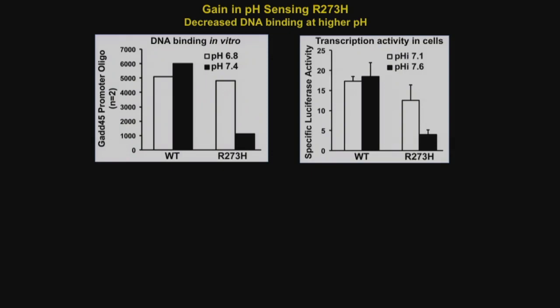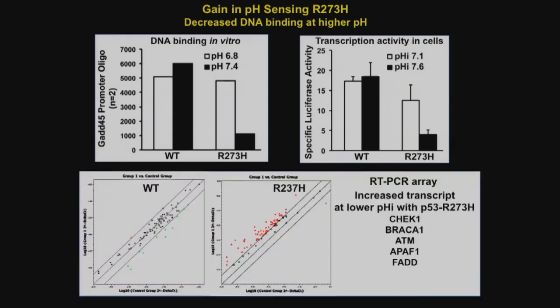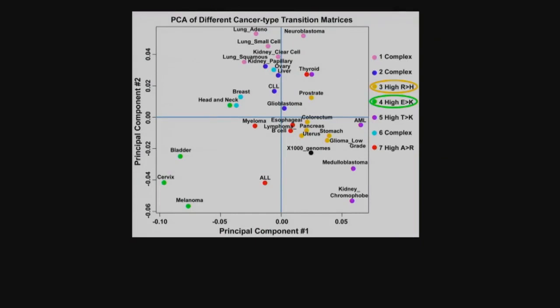And that's shown here in vitro, as well as luciferase assays. And I won't go through all the data, but also PCR arrays show this, that the mutant has markedly different transcript abundance at 2 pHs, but not the wild type. So I'm going to skip over this. We've shown PCA analysis. What we're very interested in is not the mutation at the gene level, but at the protein level.